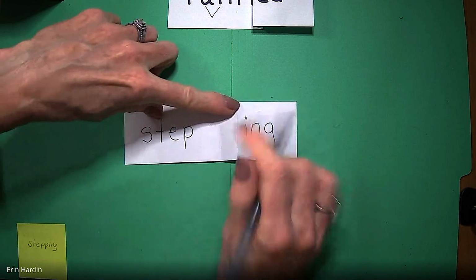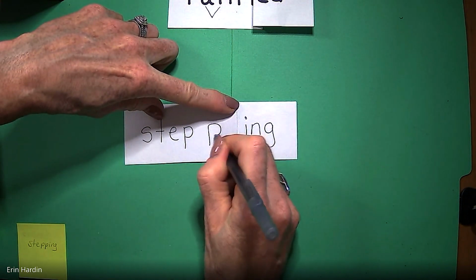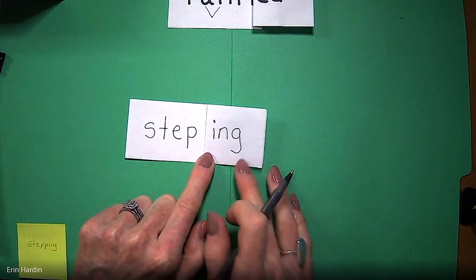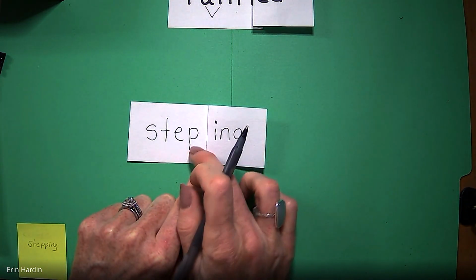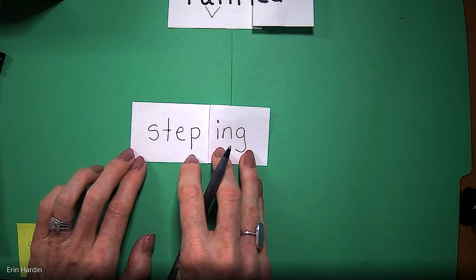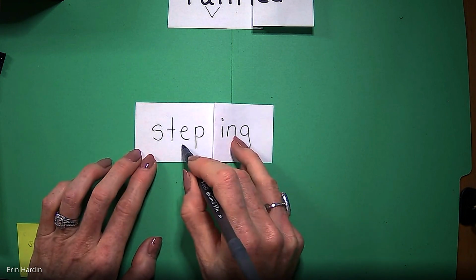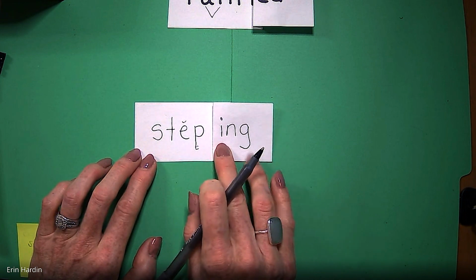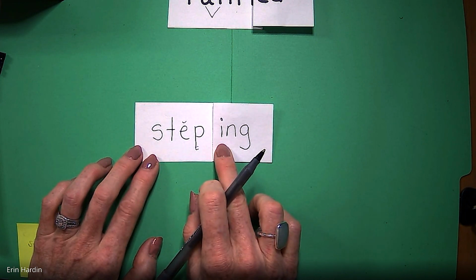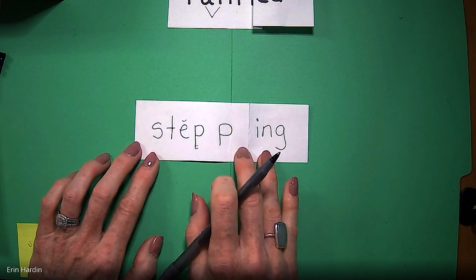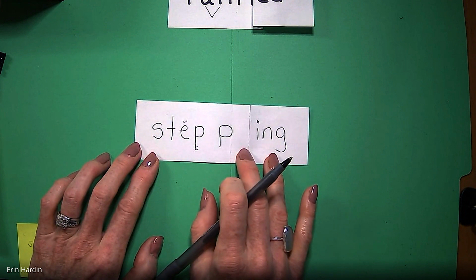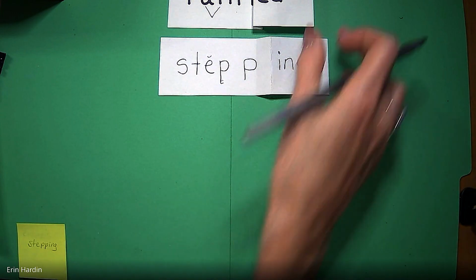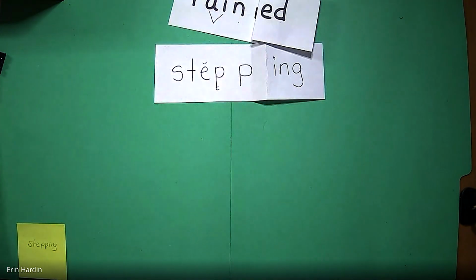And then we're also going to put an extra P in the middle here so that it's hidden. And then we can use this to decide if we need to double that P. Our base word is step. It's got one short vowel, one consonant, and ing starts with a vowel. So I do need to double that P to make stepping. So you can make little cards like that for students to practice that doubling rule as well.